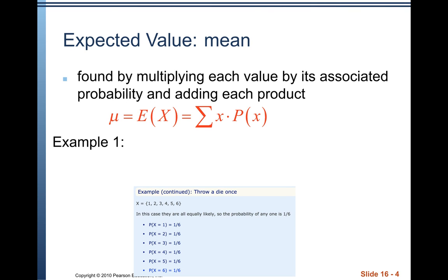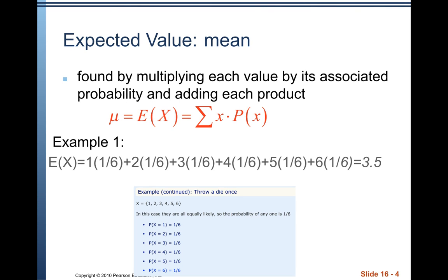Here's the example with throwing a die. The expected value would be, look what I did here. I took each possible value of rolling a die, one, two, three, four, five, or six, and I multiplied it by its probability. So 1 times 1 out of 6, 2 times 1 out of 6, 3 times 1 out of 6, and so on. I multiplied each value times its probability, and then I added all those values together, and I got an expected value or a mean of 3.5.